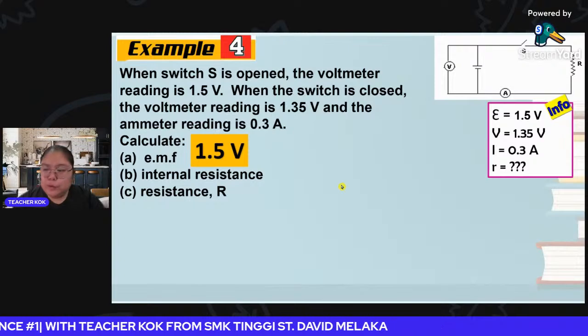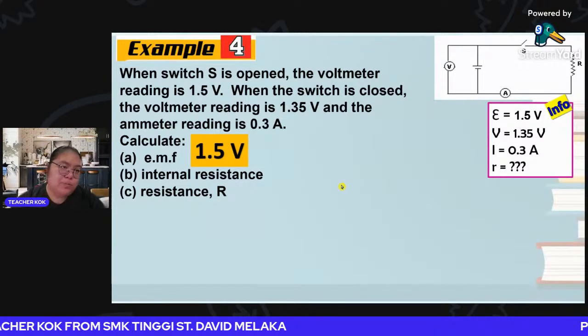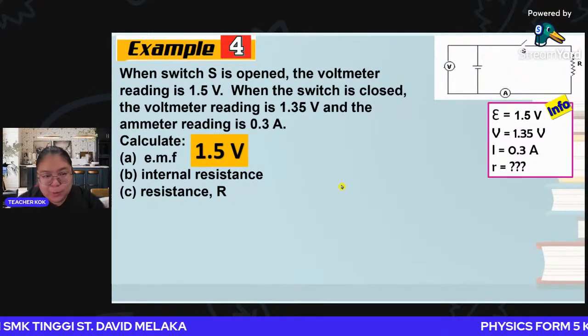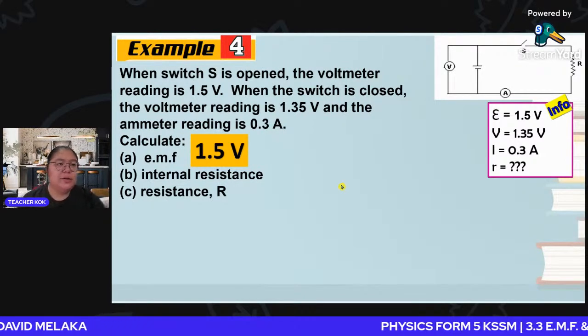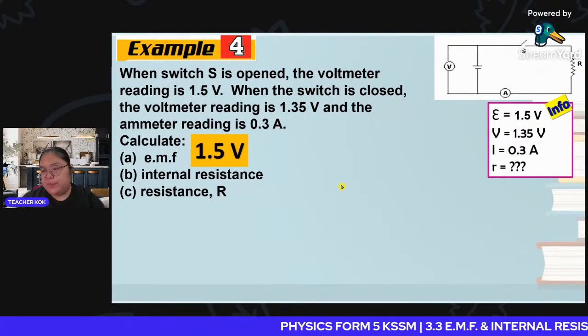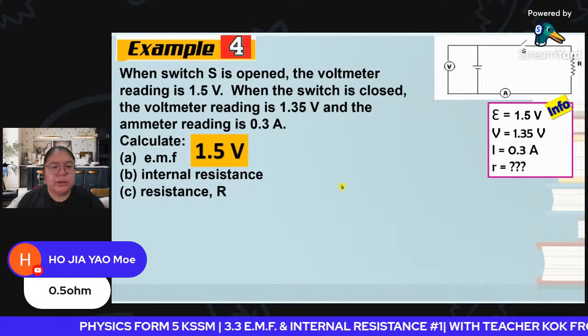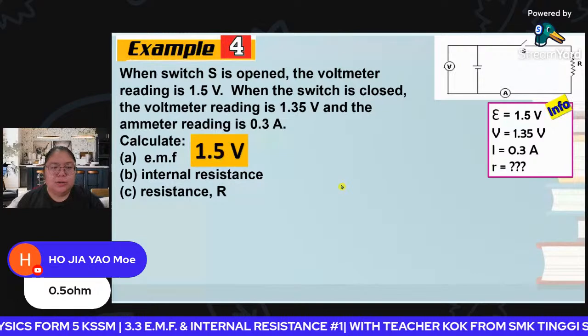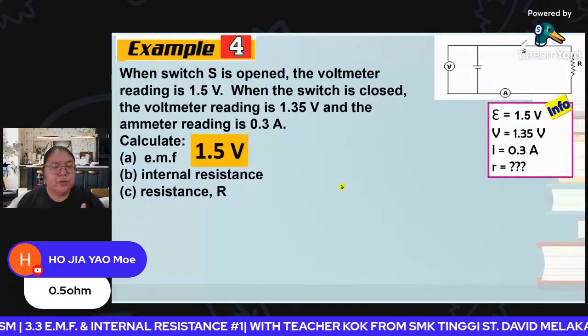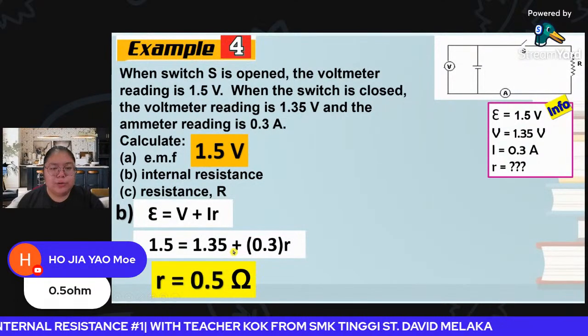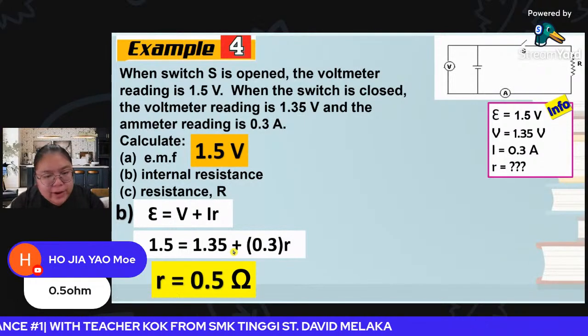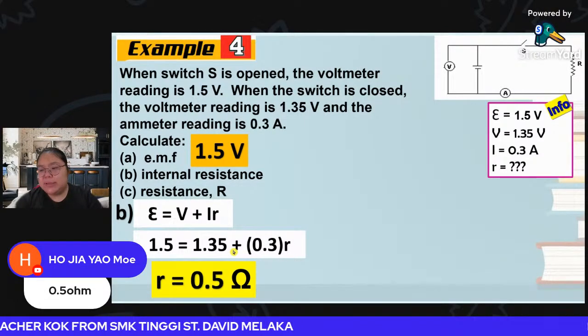Jia so far 0.5 ohm. Zihui also same. So we put the formula: 1.5 minus 1.35, divide by 0.3. Yes, 0.5 ohm. That's the answer.